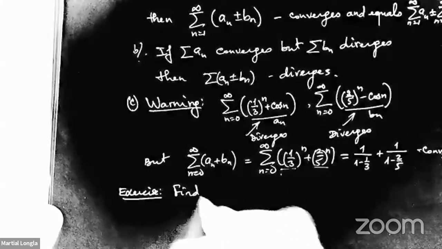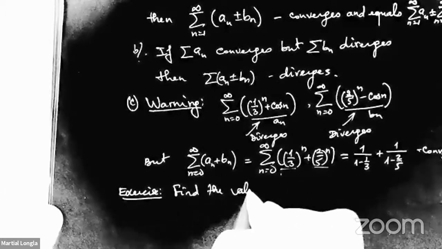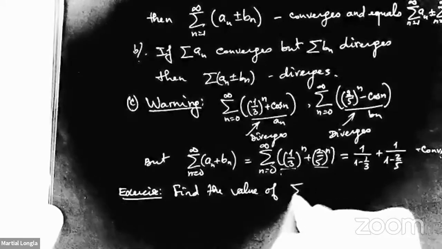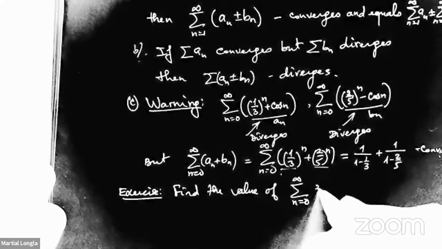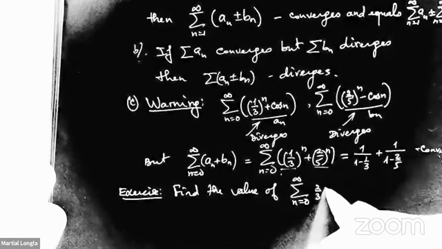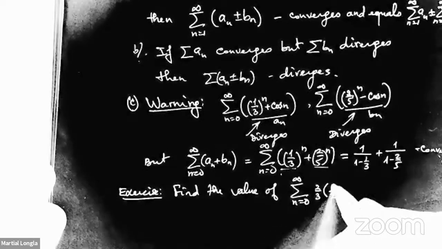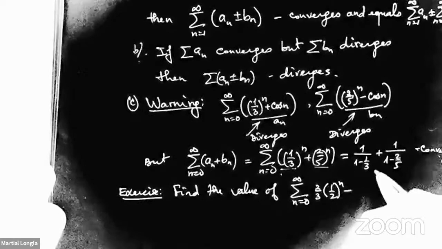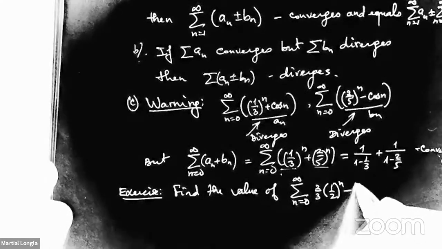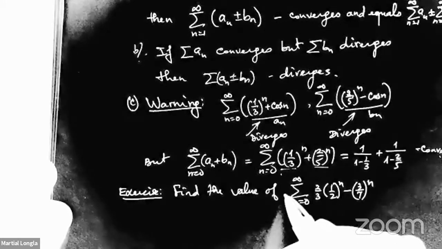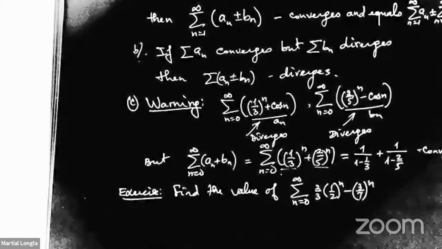Find the value of sum n from 0 to infinity, 2/3, 1/2 to the n, minus 3/7 to the n. You get 4 minutes for that.